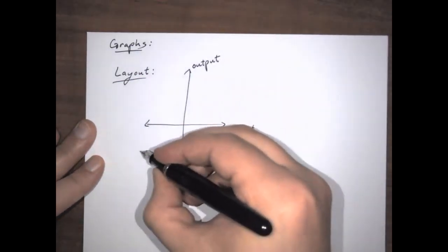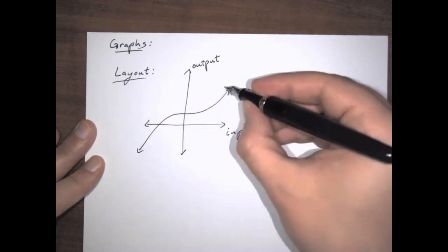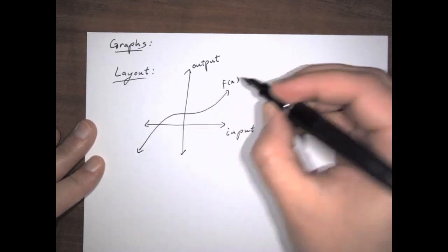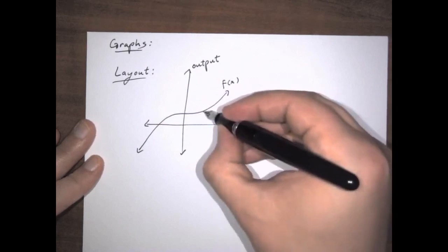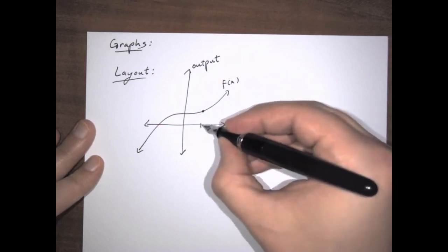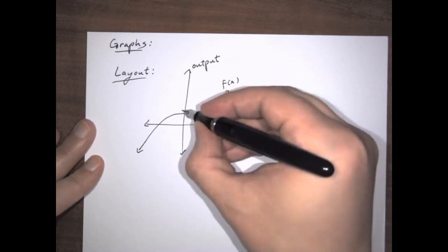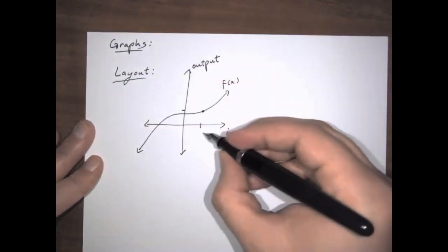And then if you have some graph and it represents a function, let's say f of x, then every point that is on the graph has its coordinate from the x direction and its coordinate from the y direction. And together, those two coordinates give you a connection of input value to output value.